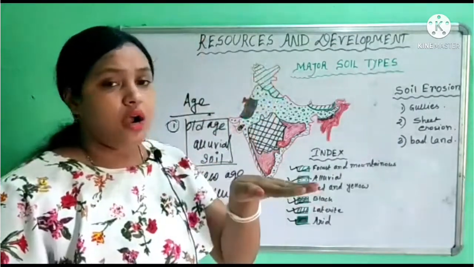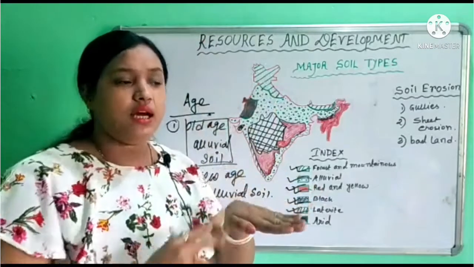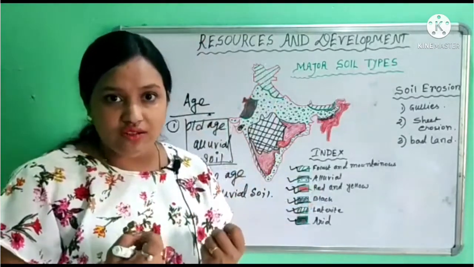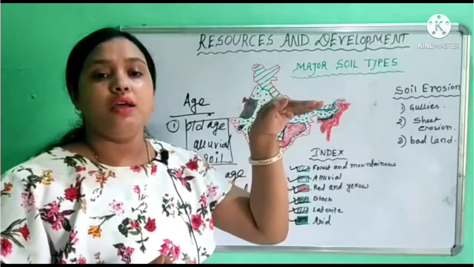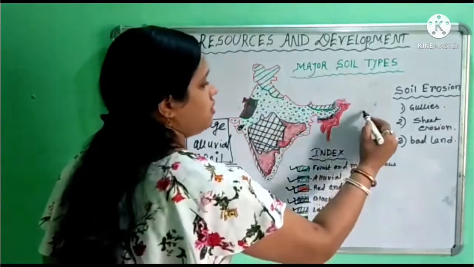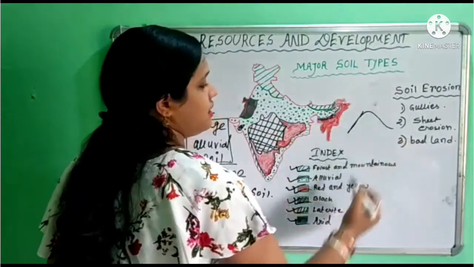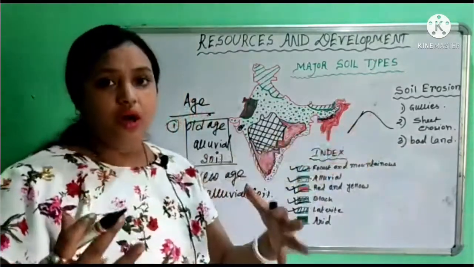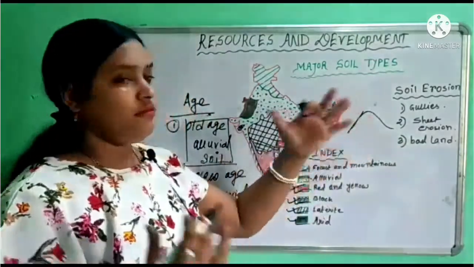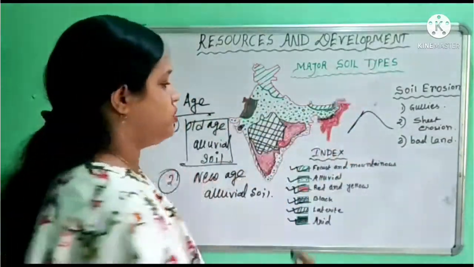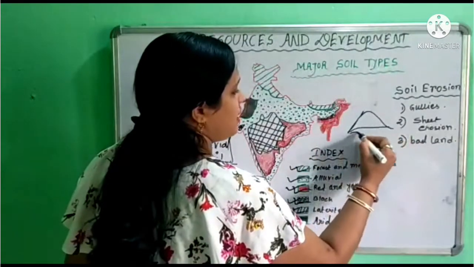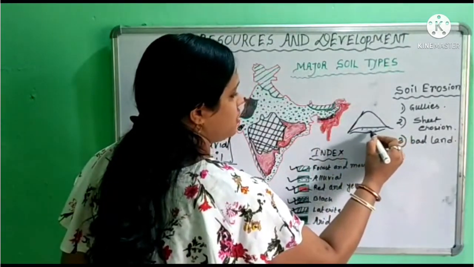In the lower part, in the foothills, we find different types of soil texture. In the middle of the Himalayan region, a hilly or mountainous region, we find one type of texture in soil.